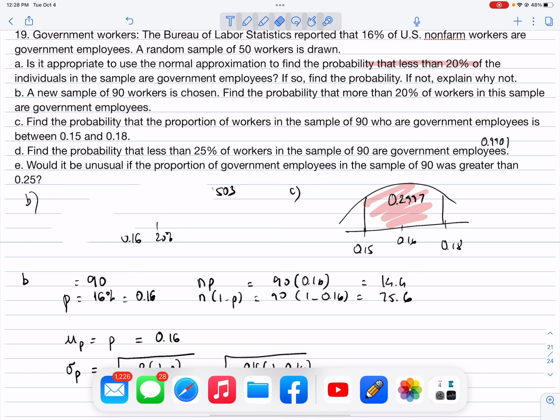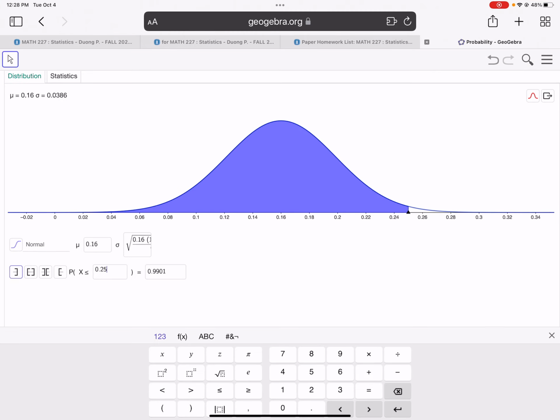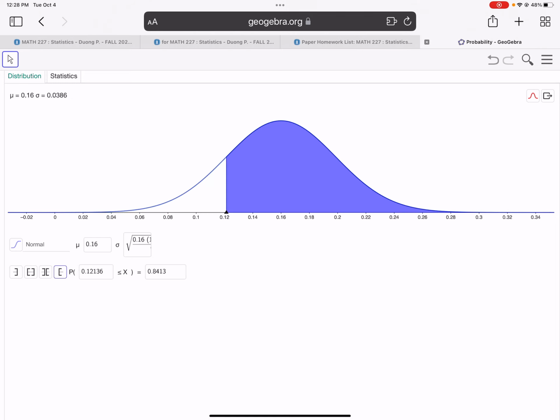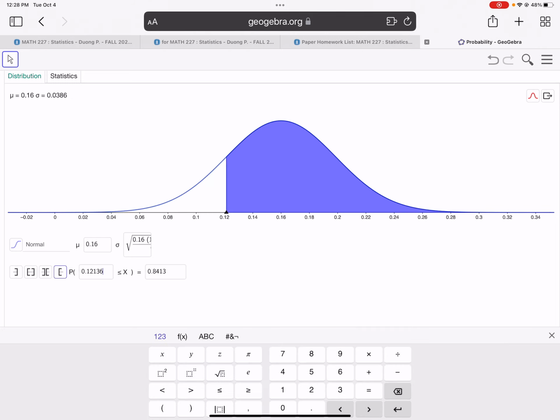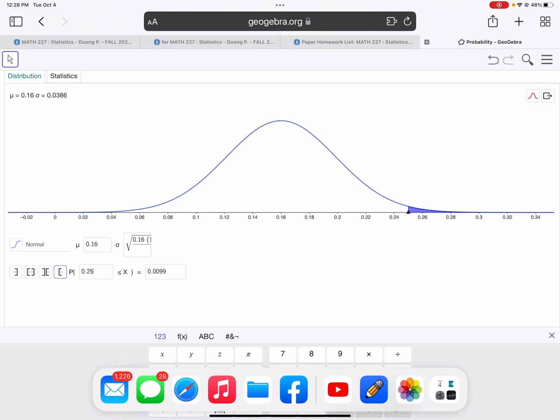If you want to draw the picture, then this is the picture that you should draw for part E. 0.16 in the middle, 0.25, and then we shade on the right side. And we want to find the area for that. Now we go to GeoGebra, and we change it to greater than, and then we input 0.25. Then the answer is 0.0099.